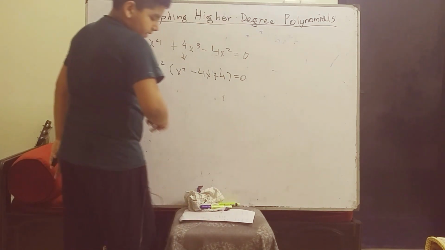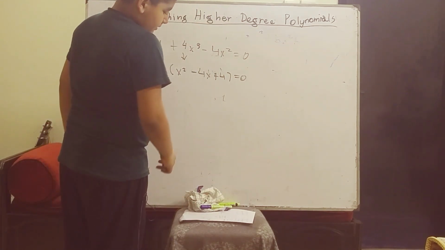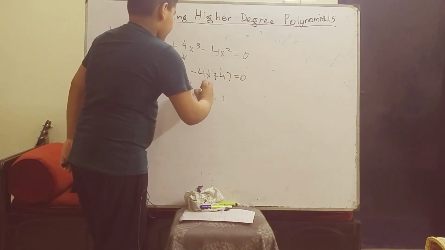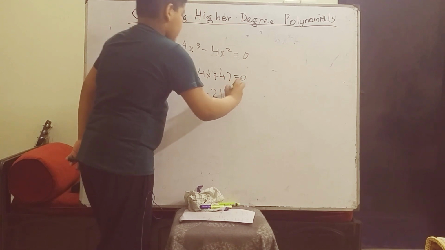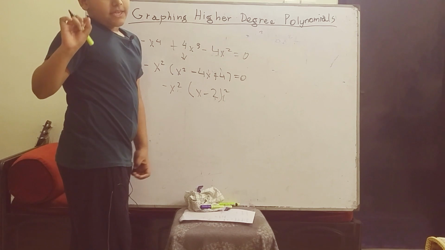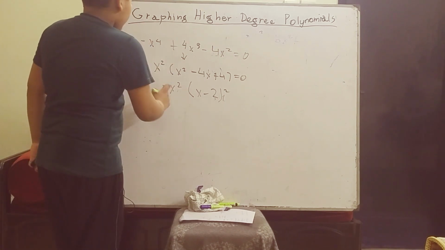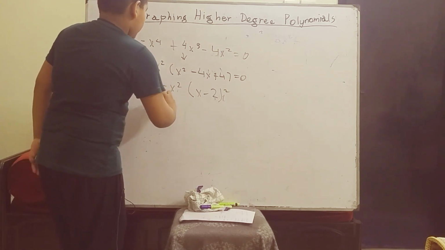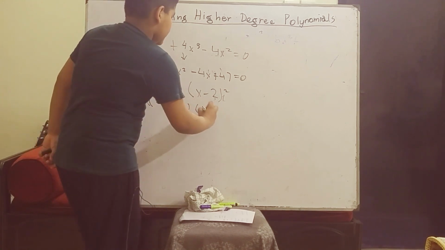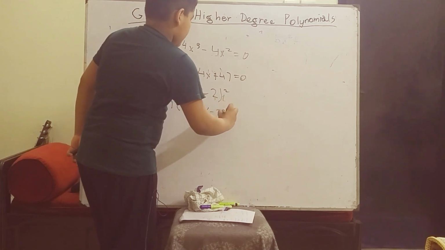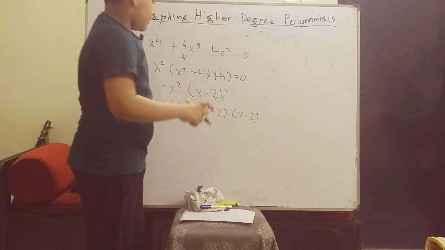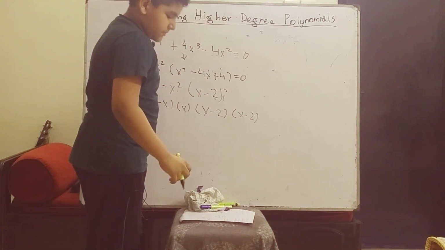Then by doing a few calculations, we can see that one of the zeros is twice. This will be important. On the outside we can write negative x and x, so we can see one of the zeros is 0 itself, and we can also see that 2 is a double zero.